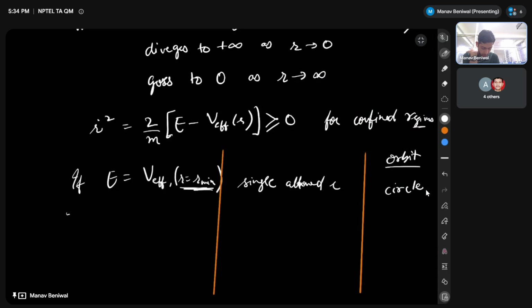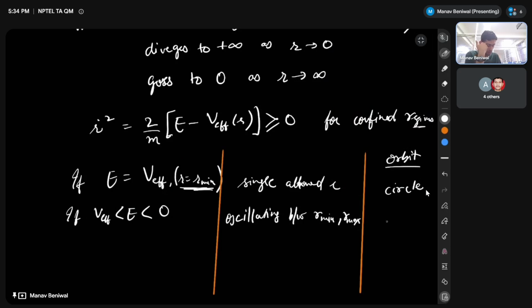So if my energy is greater than V effective at the minimum, and it is still less than 0, what will happen? My motion will be such that we are oscillating between r min and r max.